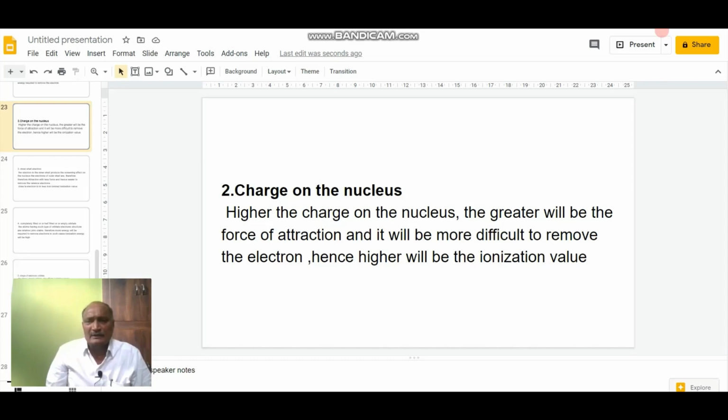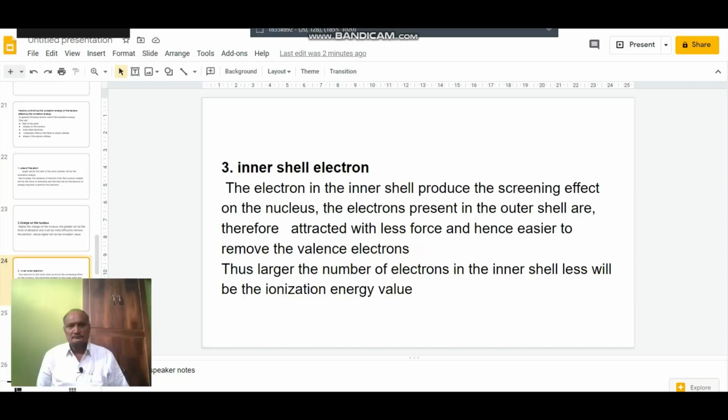Higher the charge on the nucleus, greater will be the force of attraction over the electron, and it becomes more difficult to remove the electron. Hence, higher will be the ionization energy value.